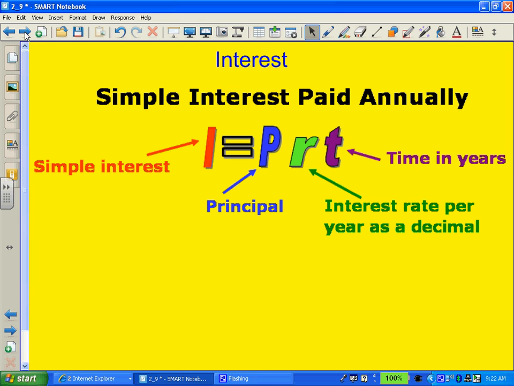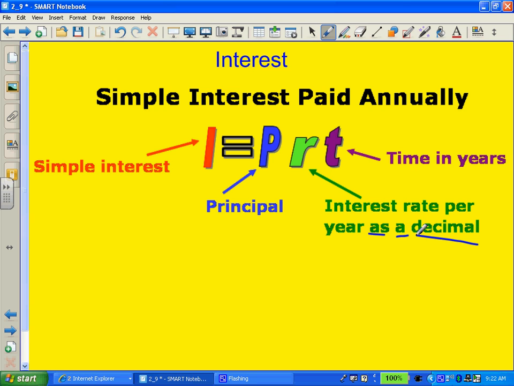The next thing that comes up is interest, and we're just going to be talking about simple interest. There are other types of interest, but we're just going to start with simple interest. Here's the equation that we use: I equals PRT. I stands for simple interest. P stands for principal. R stands for your interest rate, and make note here that this has to be written as a decimal, not as a percent.